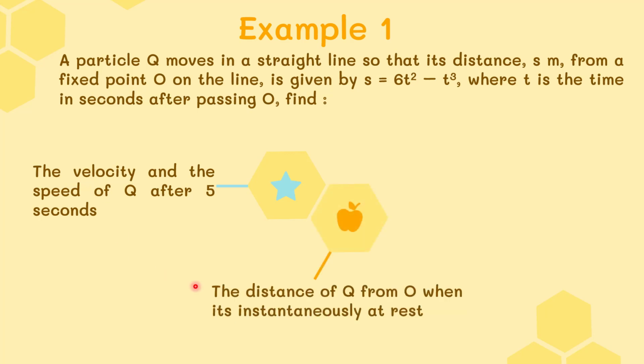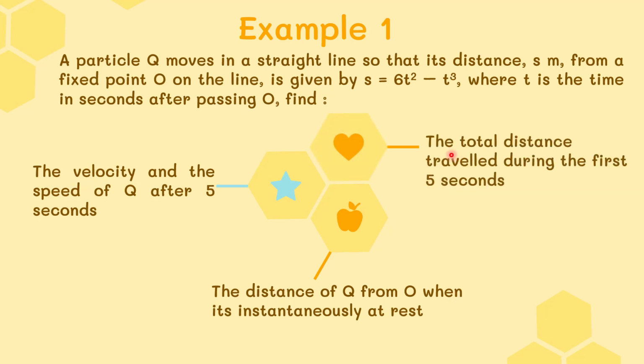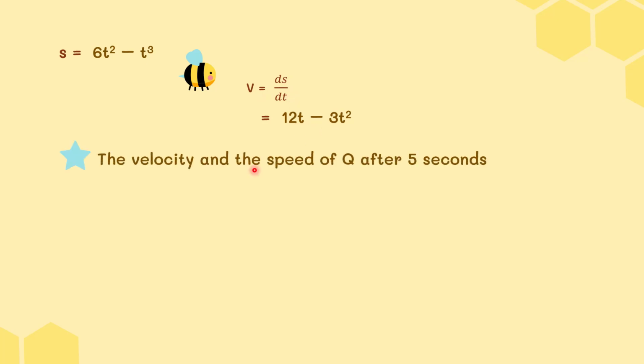Second, the distance of Q from O when it is instantaneously at rest, and the total distance traveled during the first 5 seconds. For answering the first question, we take the derivative of s, the velocity v, as ds/dt equals 12t minus 3t squared. Now we can calculate the velocity and the speed of Q after 5 seconds.